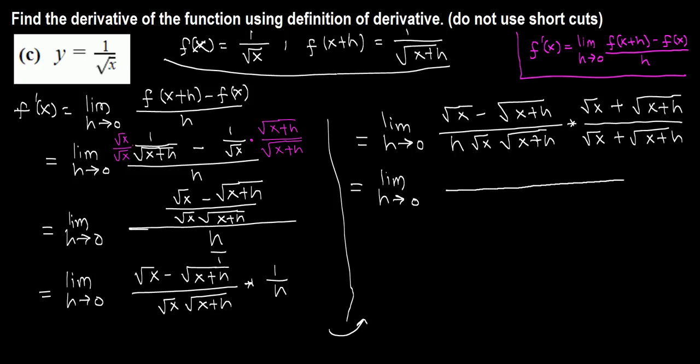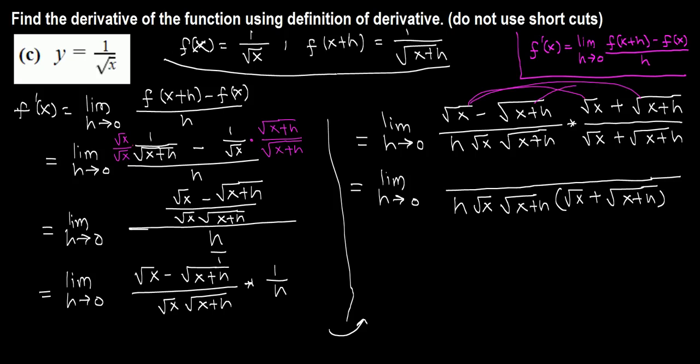There was no issue on the bottom because we had three factors, so we don't multiply anything, we just rewrite everything: h times square root of x times square root of x plus h, times the quantity square root of x plus square root of x plus h. On the top we multiply, it's kind of like foiling: first to first, first to last, second to first, and second to last.